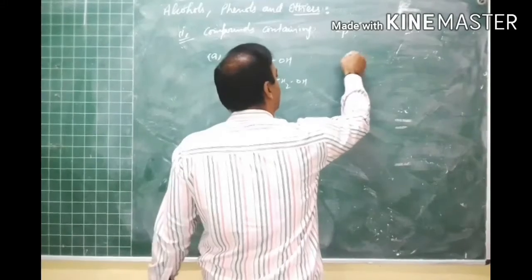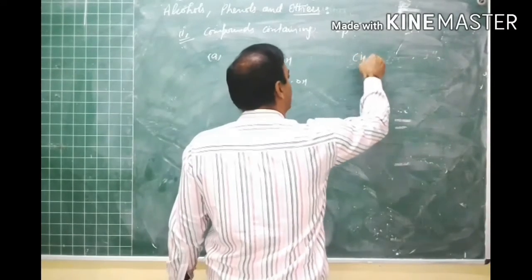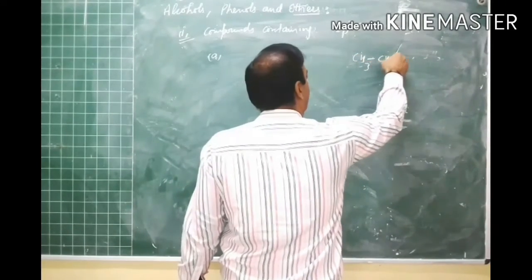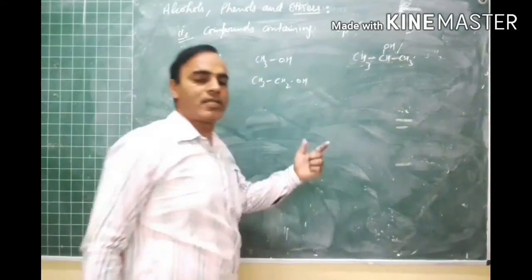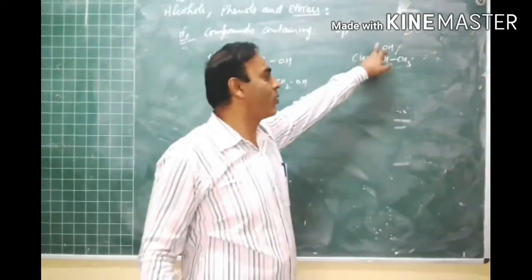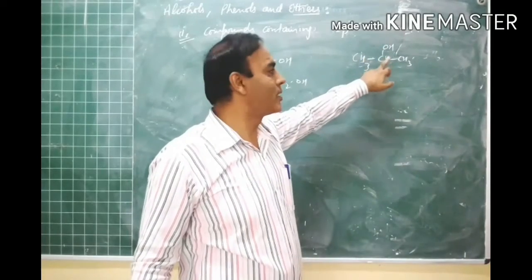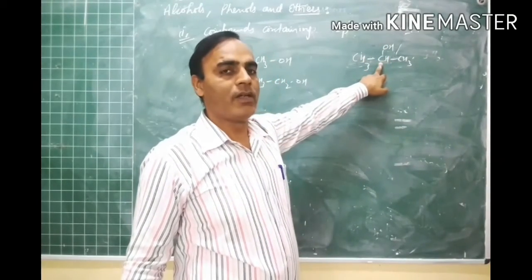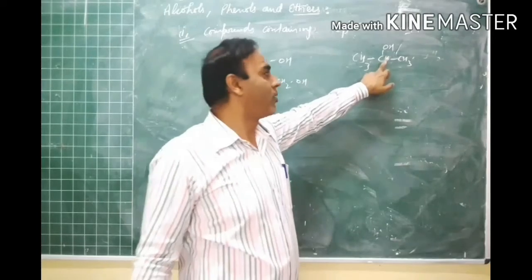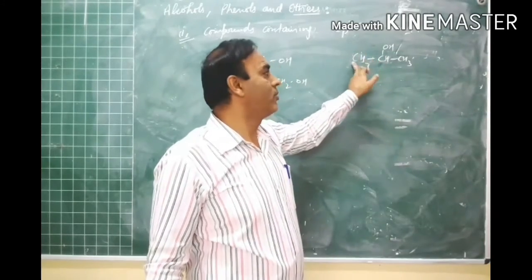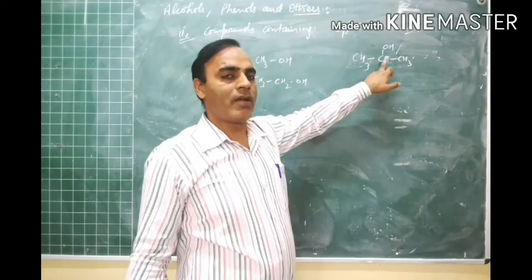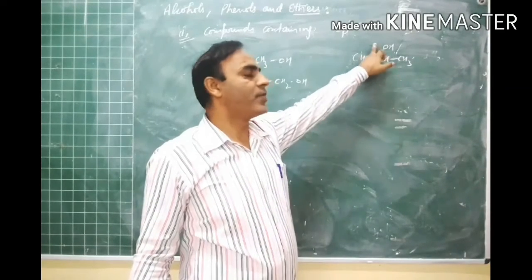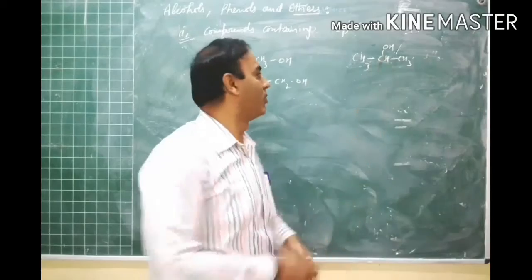Now there is secondary alcohol, CH3, CH, CH3, and here is OH. This is secondary alcohol because in this the OH group is bonded to a secondary carbon atom. Why is it a secondary carbon atom? Because this carbon is further bonded to two other carbon atoms. So this carbon is known as secondary carbon atom, and to the secondary carbon atom the OH group is bonded. So this is known as secondary alcohol.